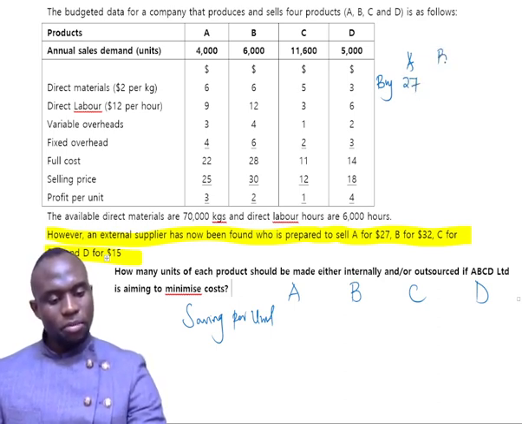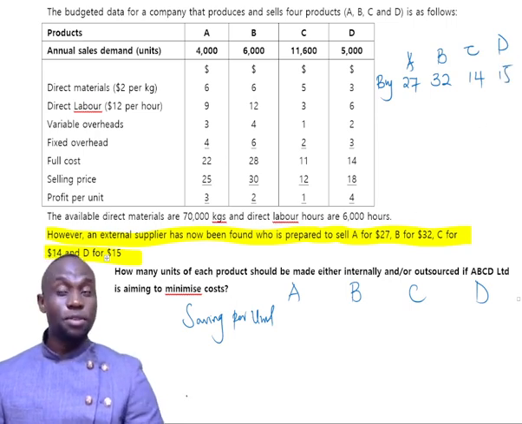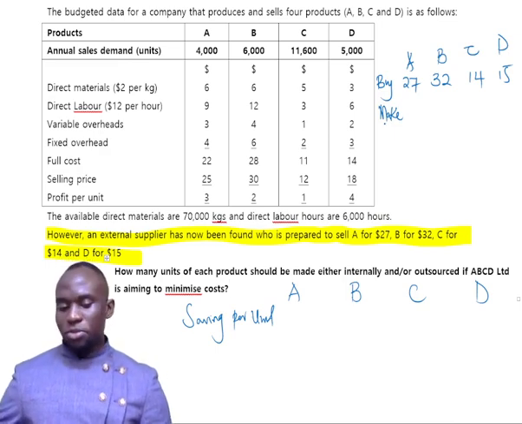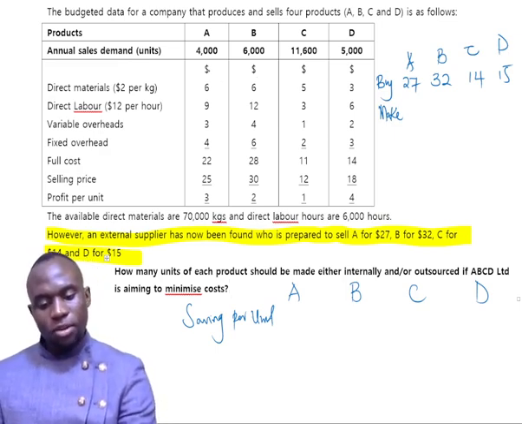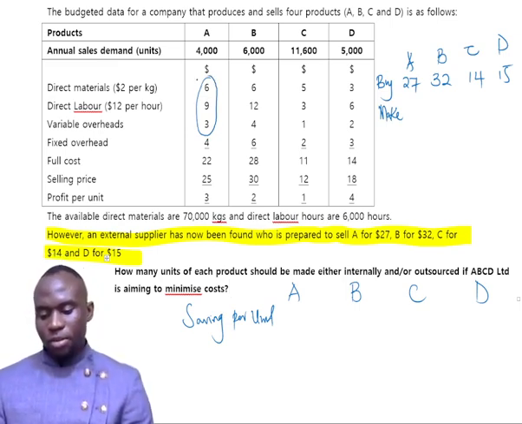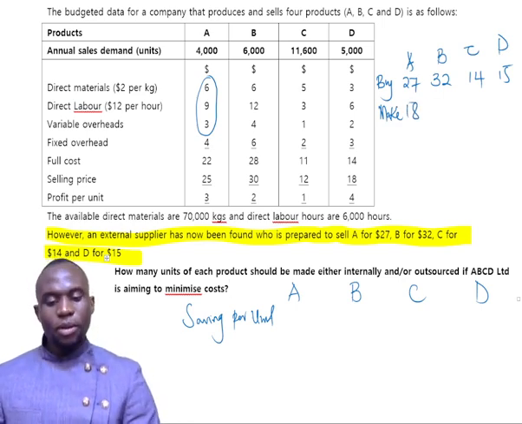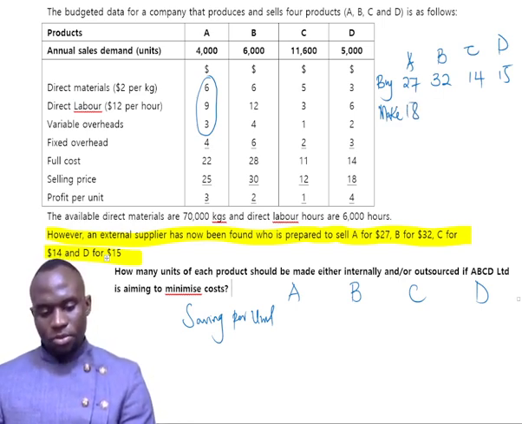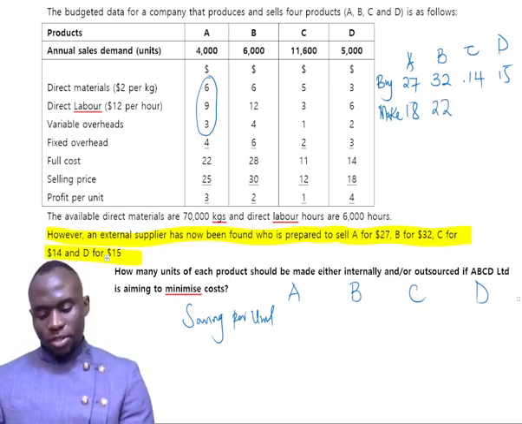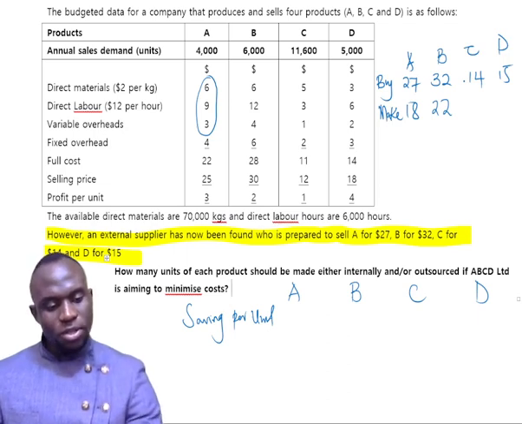If we buy product B, it is at 32, product C 14, and product D it is at 15. That is if we buy. But if we make the products, what is the variable cost of making the product? And we said variable cost is material, labor, and variable overhead. So it is 6 plus 9 plus 3, it is 18. And for product B, it is 6 plus 12 plus 4, which is 22. Product C, it is 5 plus 3 plus 1, which is 9.